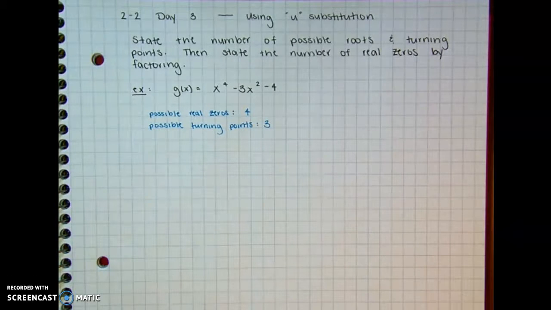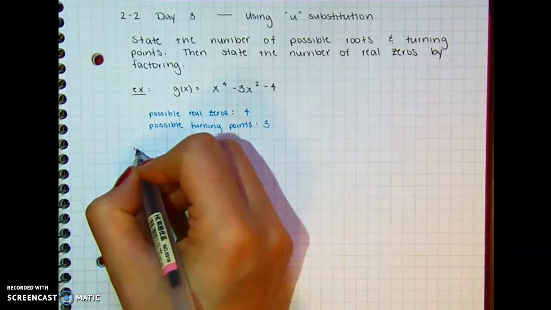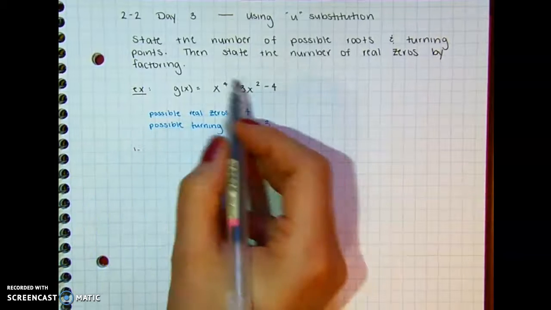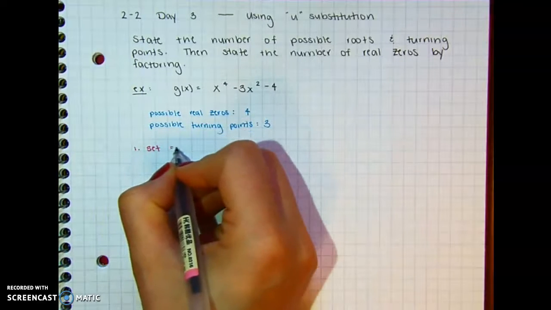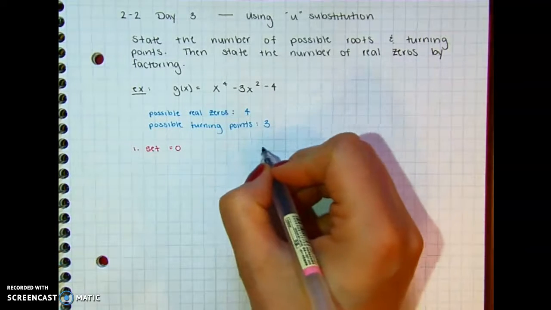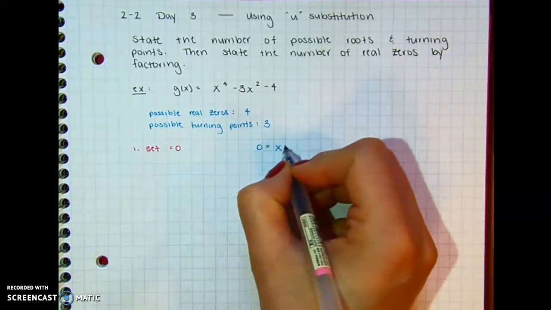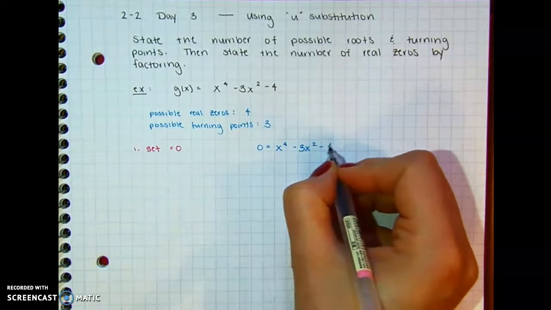So the first thing you want to do is set your function equal to 0. So I'm going to take my equation and do 0 equals x to the fourth minus 3x squared minus 4.